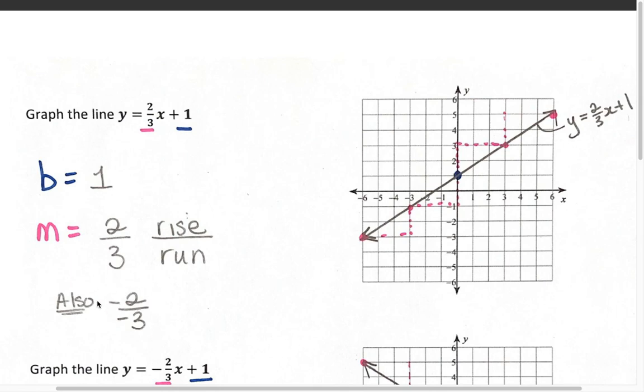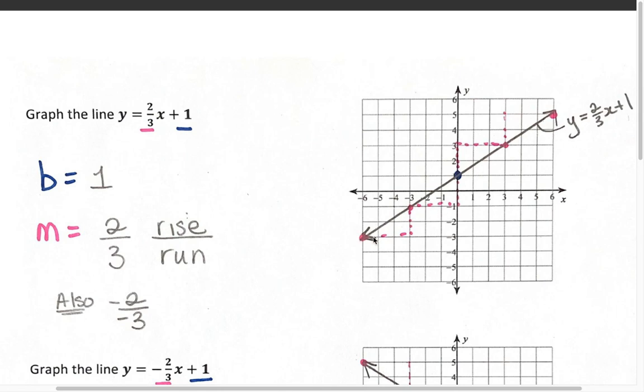If I think about it this way, again, I'm going to start at my 1 here. This means that I would go down 2 and back 3. So from my 1, I can go down 2, back 3, get a point, go down 2, back 3, get another point. And you can see that all 5 of these points now clearly line up to be my line.